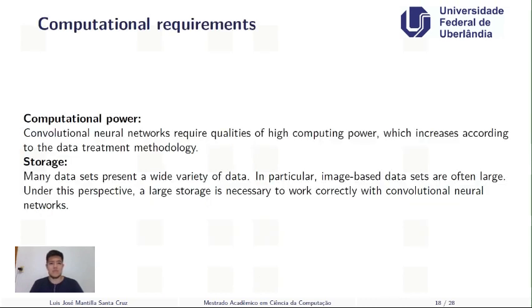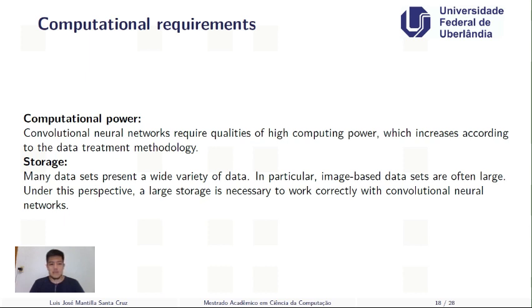But computational requirements. Well, convolutional neural networks require high computing power, which increases according to the data treatment methodology. For example, to train a GAN it is necessary to have good storage, good computing power, or even dedicated hardware to train the architecture, basically.